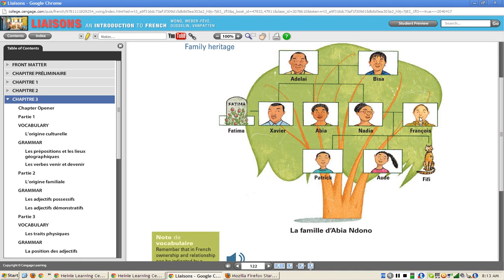Do you hear that word? Le beau-père. Un beau-père is a father-in-law. Et Bissa, c'est la mère de Nadia, c'est la belle-mère de François. So notice with le beau-père, la belle-mère. Abia, n'est-ce pas, qui est la sœur de Nadia, c'est la belle-sœur de François, alors que Xavier, c'est le beau-frère. Le beau-frère.